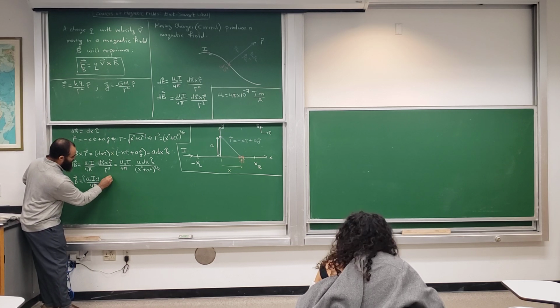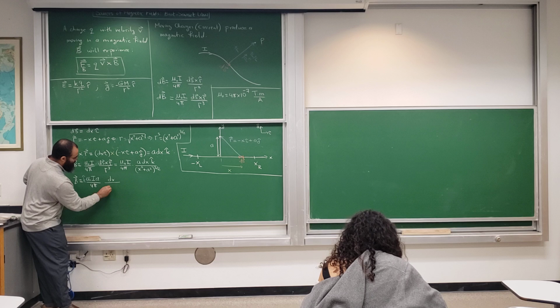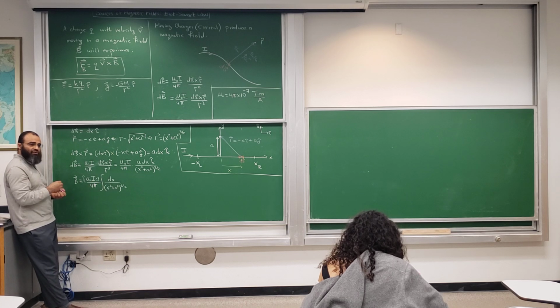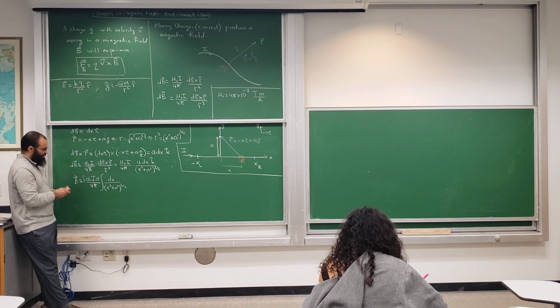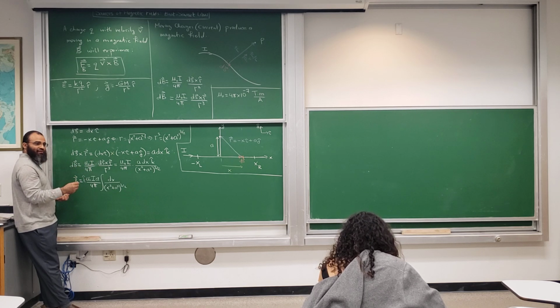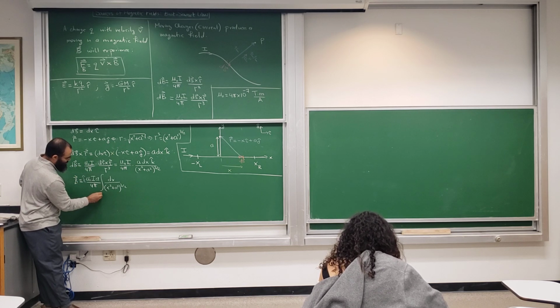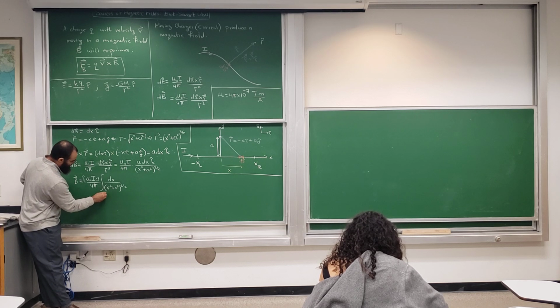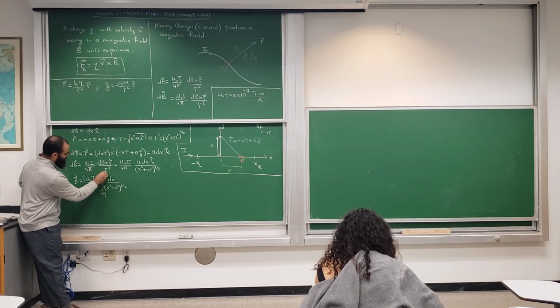And then here we get dx over x squared plus a squared to the 3/2 power. And now we need to do our integral sign. And the integral clearly runs from where to where? Minus x. Good. For the limits, minus xl to positive xr.